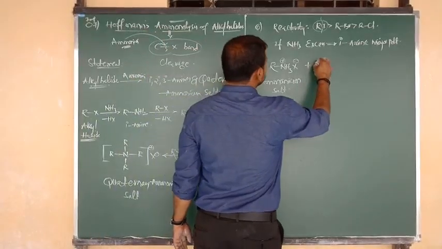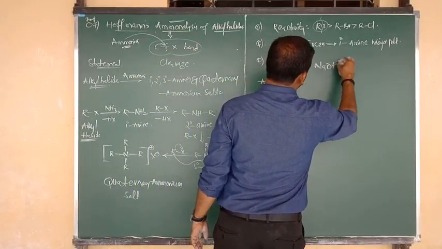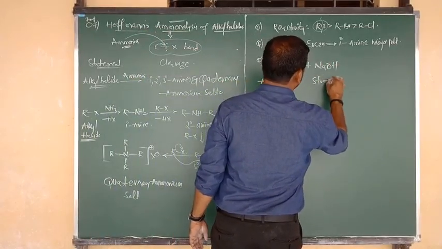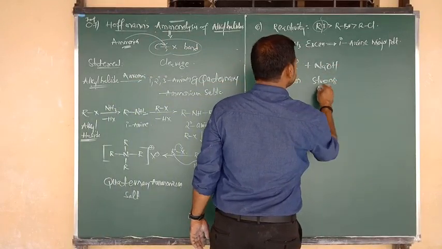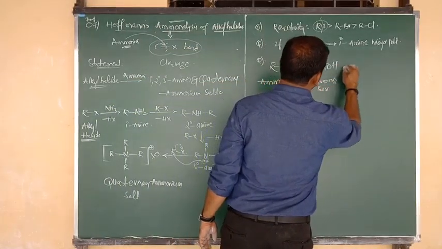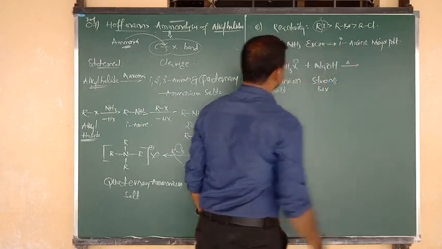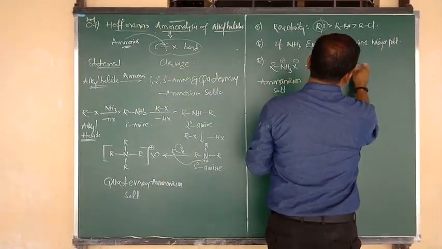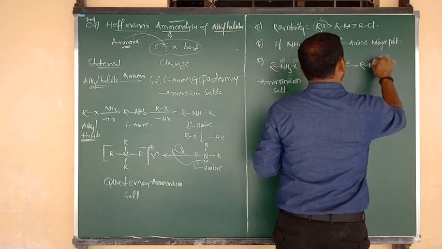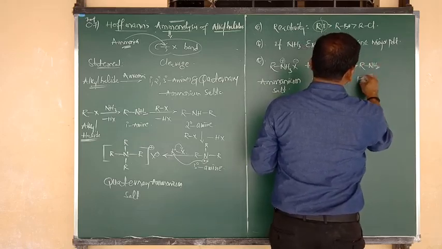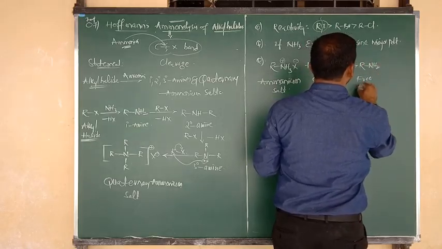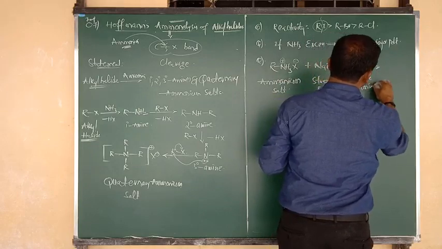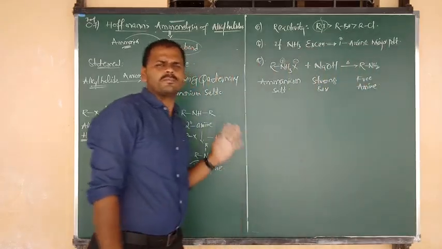So when ammonium salts are treated with a strong base, we get the product: R bonded to NH3 plus changes into R bonded to NH2. This is nothing but a primary amine, a free primary amine is the product.